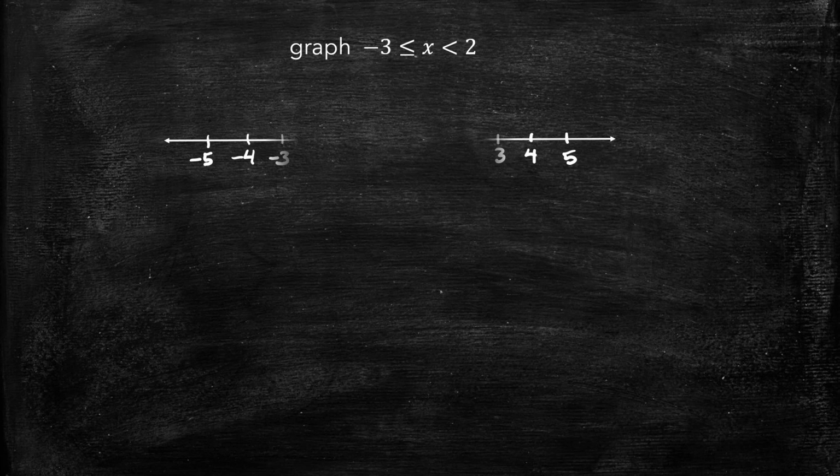So now we're going to put the last two scenarios together, kind of combine them. Let's see what this says. So this says to graph, negative 3 is less than or equal to x, which is less than 2. Another way of saying that is that x must be between negative 3 and 2. It can equal negative 3, so we'll put a closed circle there.